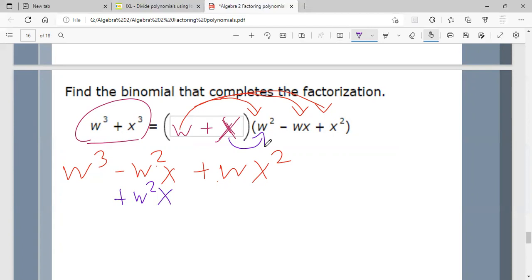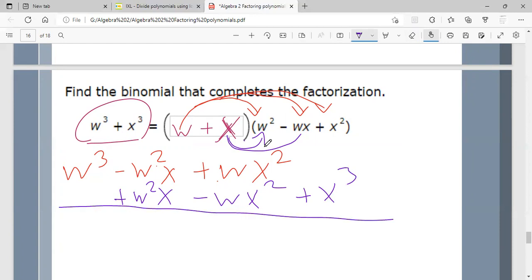And then from there, I do it again, plus w x squared. Well, that's minus, I'm tripping. Minus, plus x cubed.